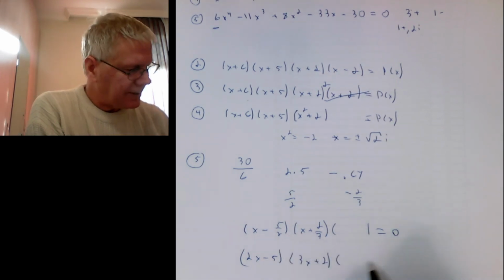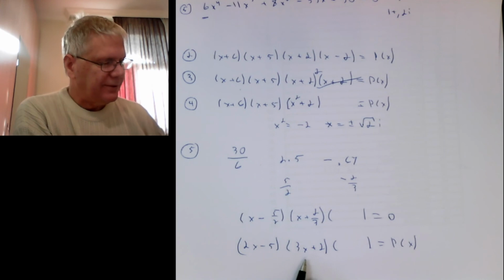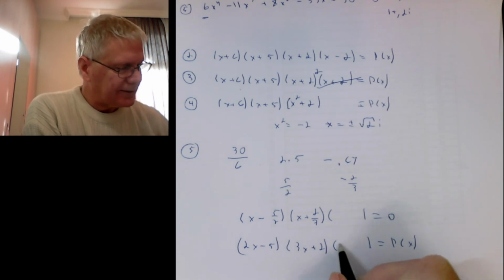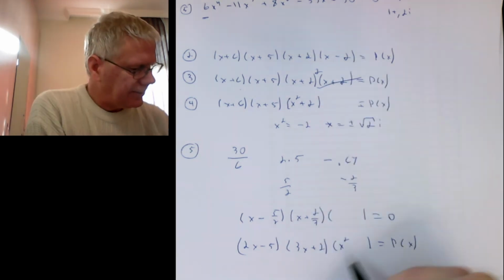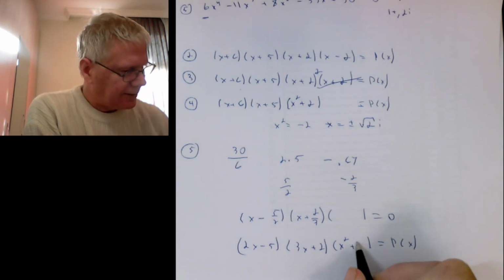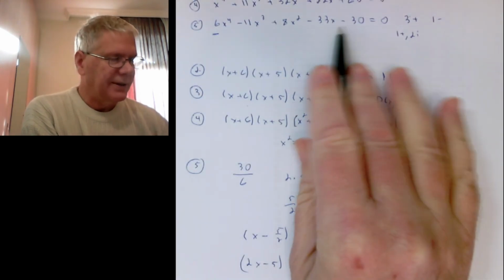And this has to be times something, and this will equal my polynomial. Here's my root of 5 halves. Here's my root of minus 2 thirds. I can fill this in. I have a 2 times a 3. That's a 6. So I'm going to need a 1x squared. To get 30, I'm going to need 3. I'm going to have a plus 3. This will give me a minus 30 that I needed up here.